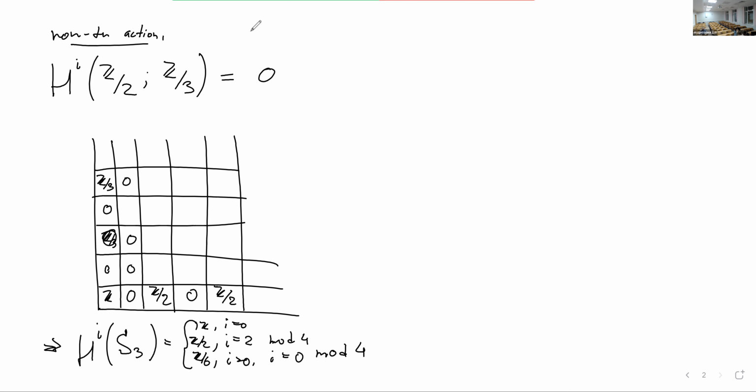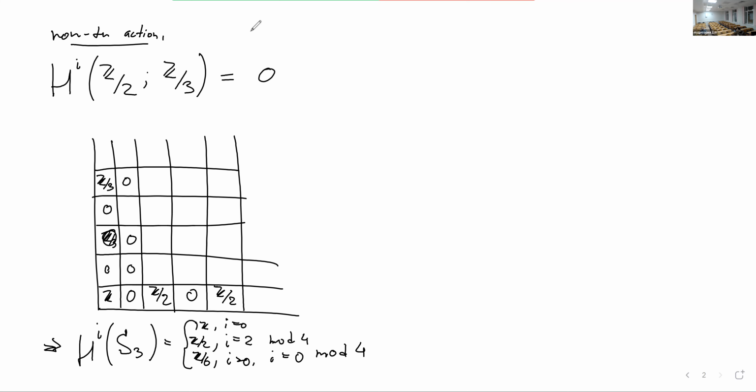Okay. So there is a unique element which generates H2. Now, in degree 4, there is a unique element of order 3, up to sign. Let's take the first element to be the first generator and the second element to be the second generator.